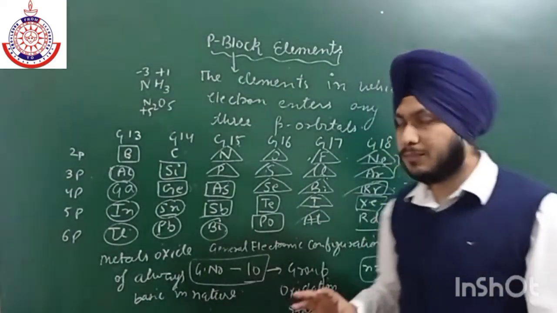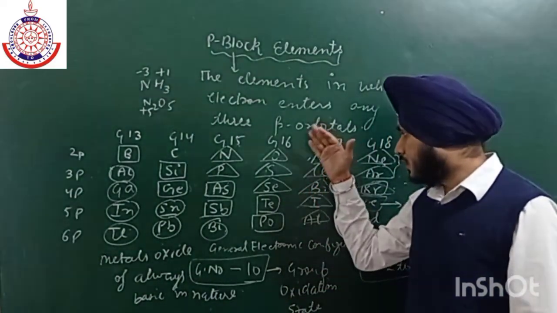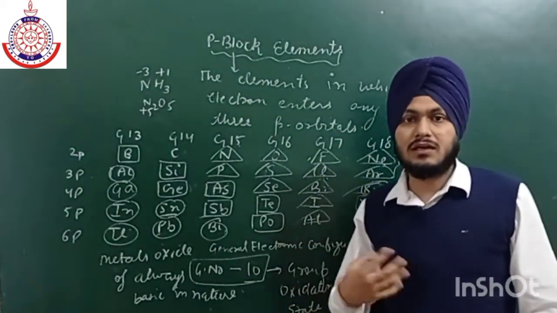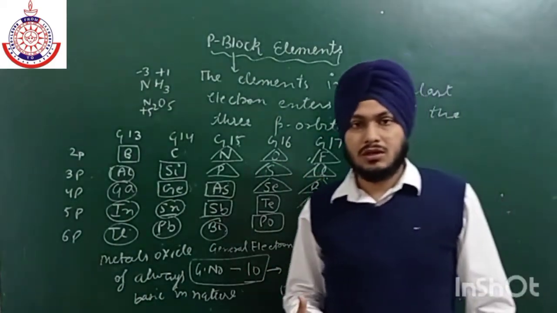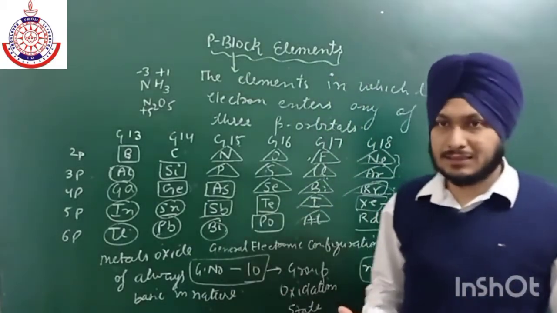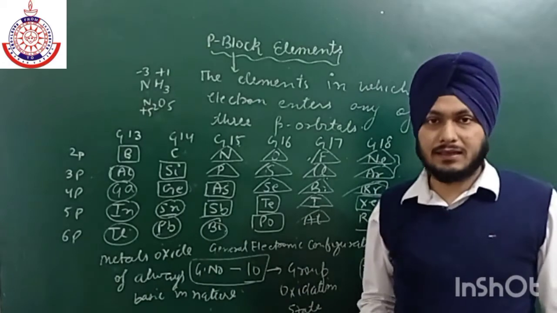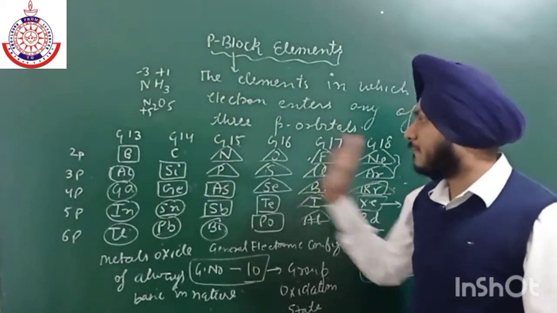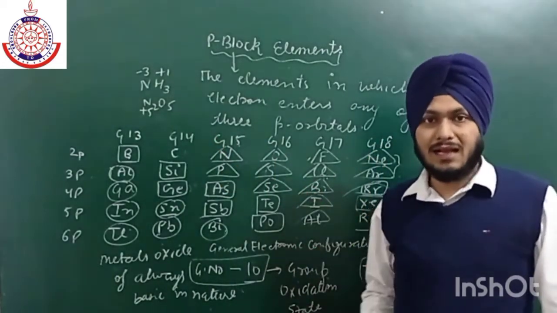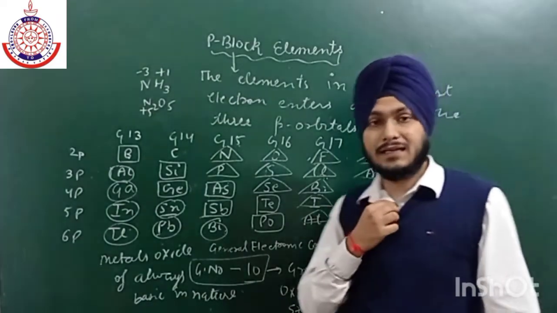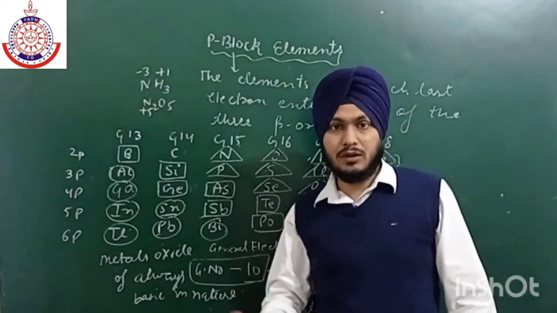And for non-metals, as we move from top to bottom, their tendency to show acidic character decreases, because as we move from top to bottom, metallic character increases. And as we move from left to right, as their electronegativity increases, their tendency to show acidic character increases. Okay, they are more acidic.